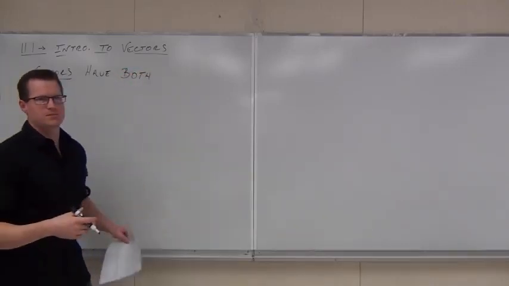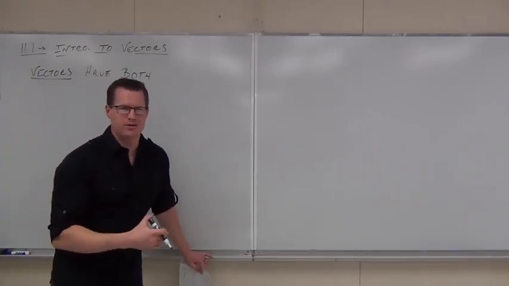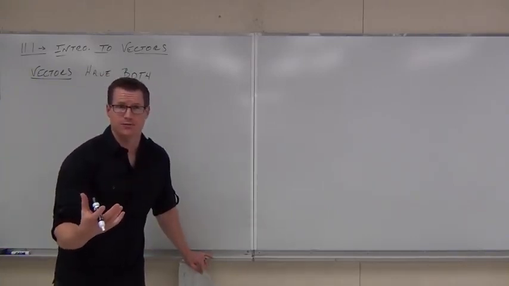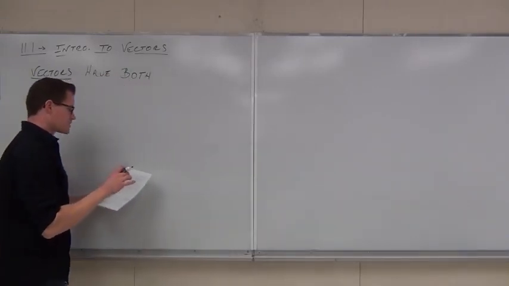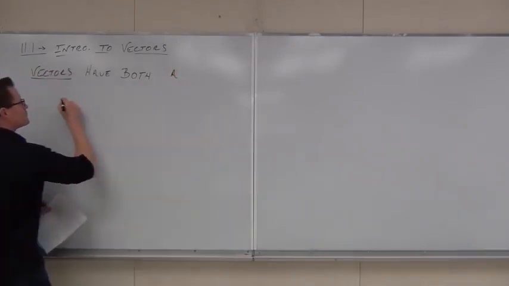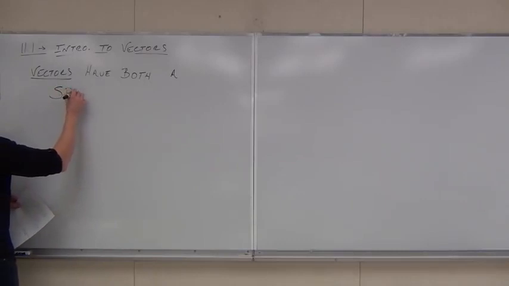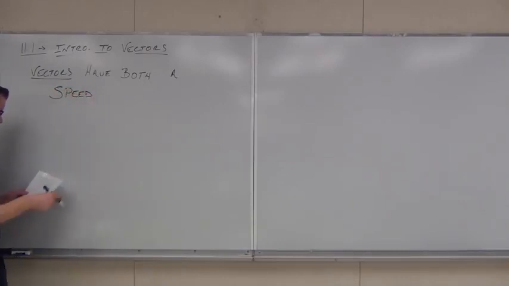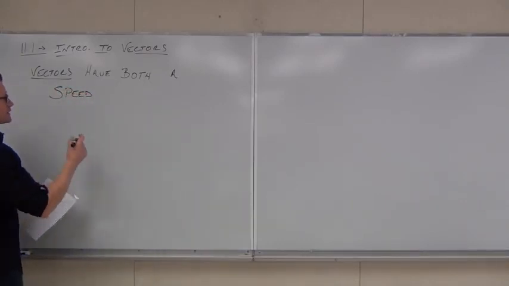Vectors are a way to describe motion, a way to describe a particle, a way to describe even a function later on, that give us both a speed and a direction.